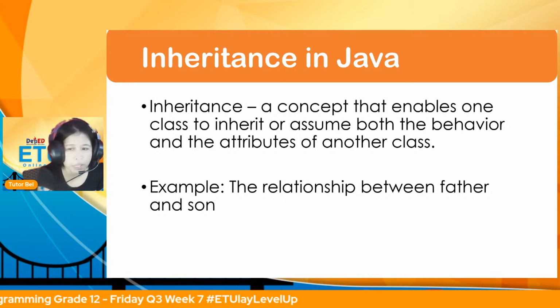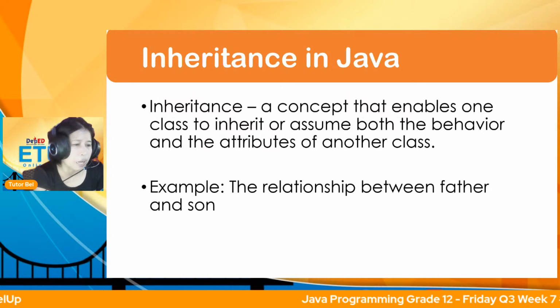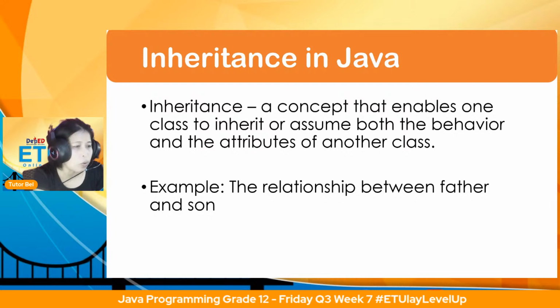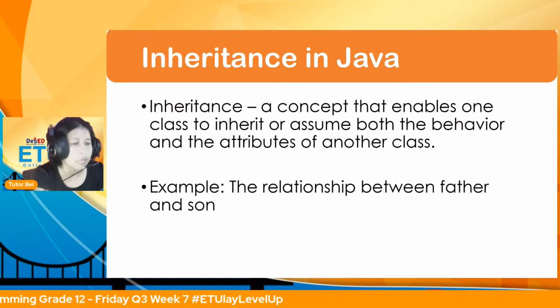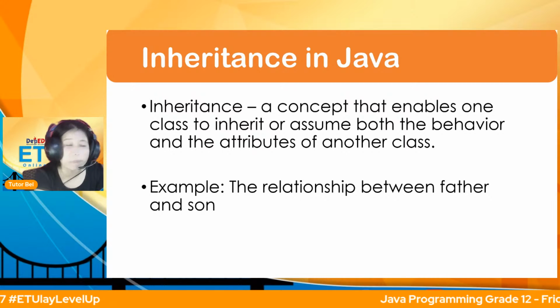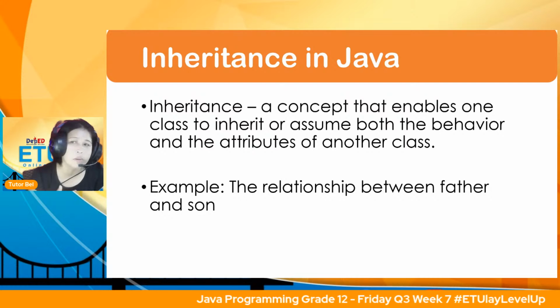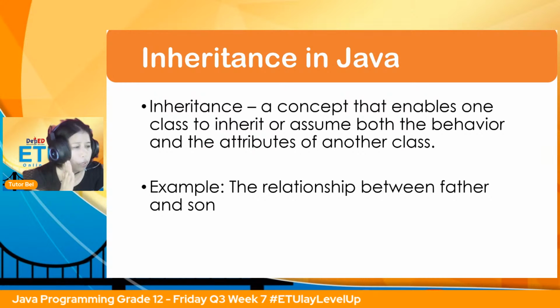Like, for example, yung relationship ng isang father and son. Most likely ang father, since ito yung root, marami po siyang mai-inherit yung son sa kanya, like from the physical attributes, like for example yung mata, yung ilong, yung hugis ng pisngi.